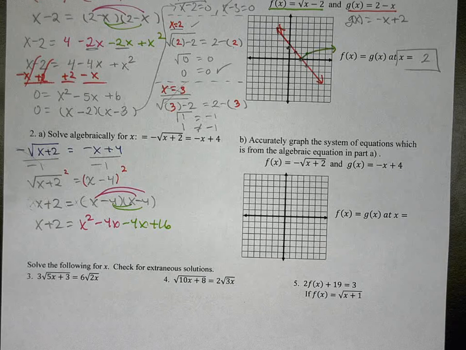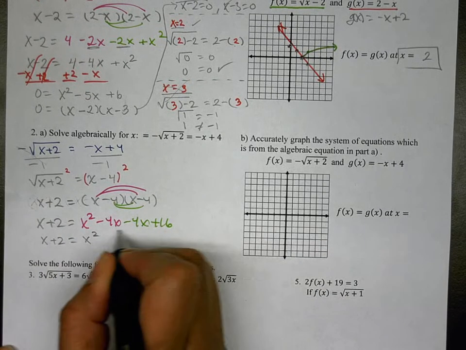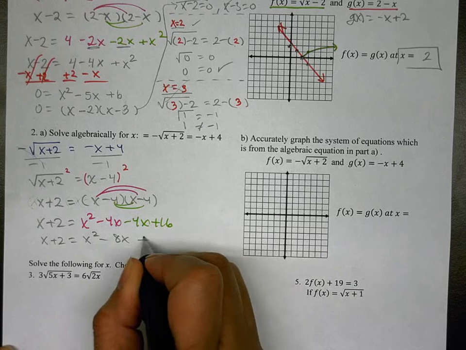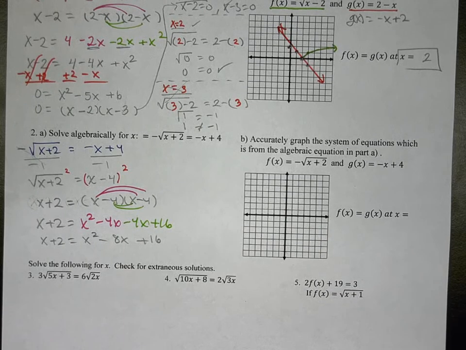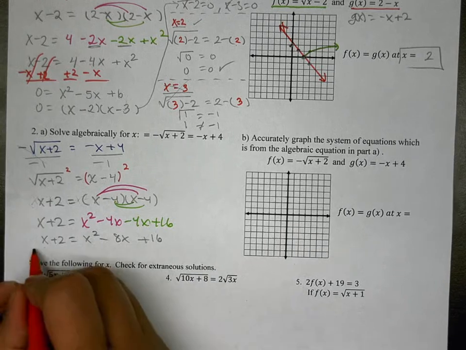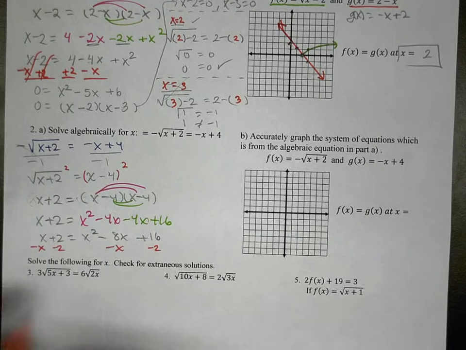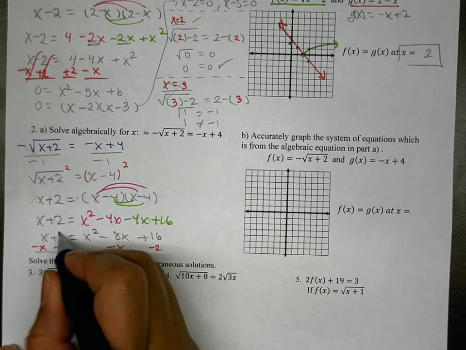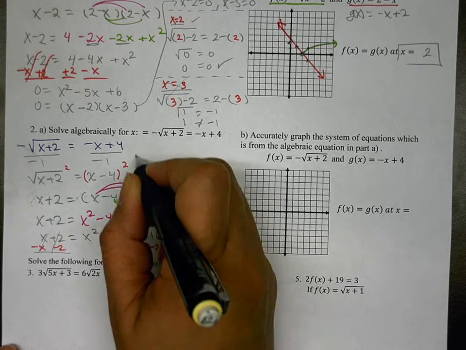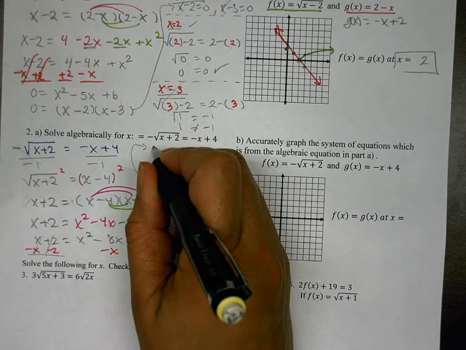I'm going to combine like terms. X plus 2 equals x squared. Those are not opposite, so it's minus 8x plus 16. And I'm going to subtract the x, subtract the 2, subtract the x, subtract the 2. It looks like they're already in the right format. Gone and gone. I am going to bring that up here. 0 on the left side, which is what we're trying to do.